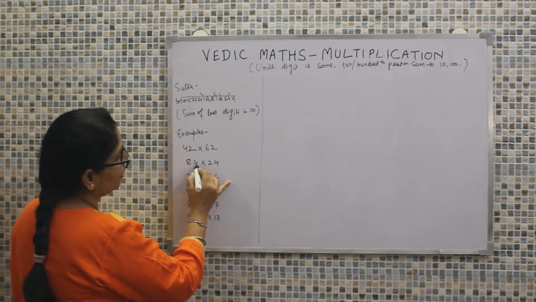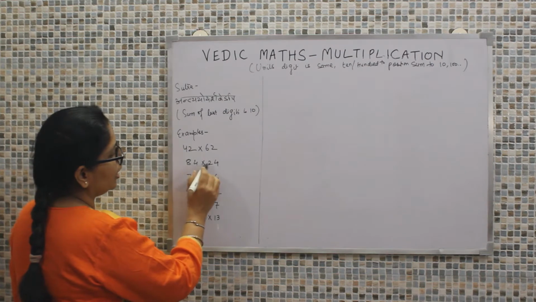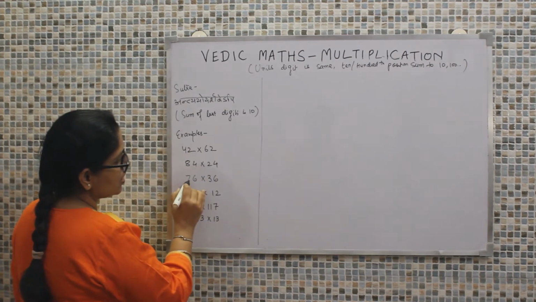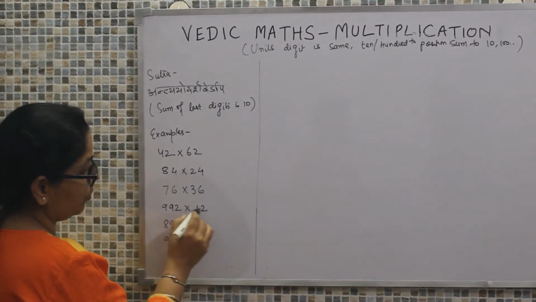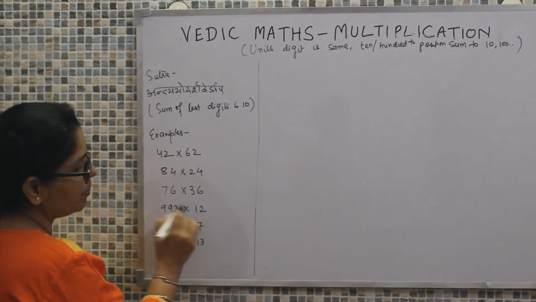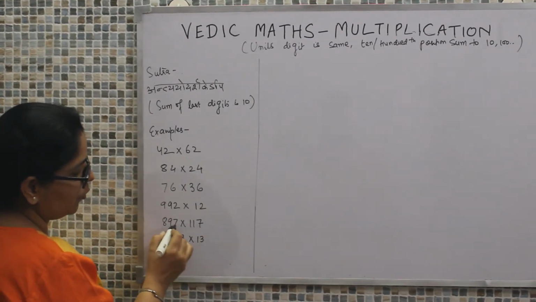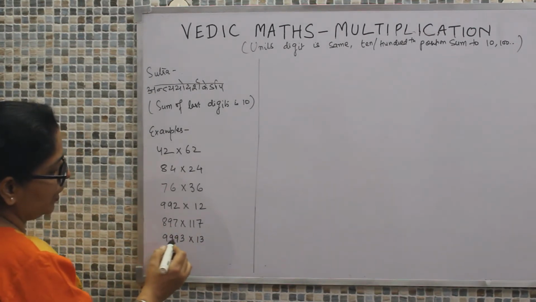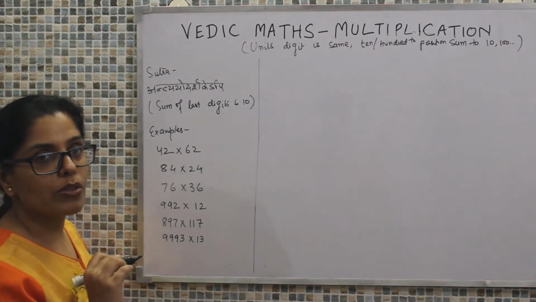The next example: 4 is the same for the units place, and 8 plus 2 is 10. 6 is the same for both, 7 plus 3 is 10. 2 is the same for both, and 99 plus 1 is 100. Next, 7 is the same for both and 89 plus 11 is 100. Next, 3 is the same for both and 999 plus 1 is 1000.